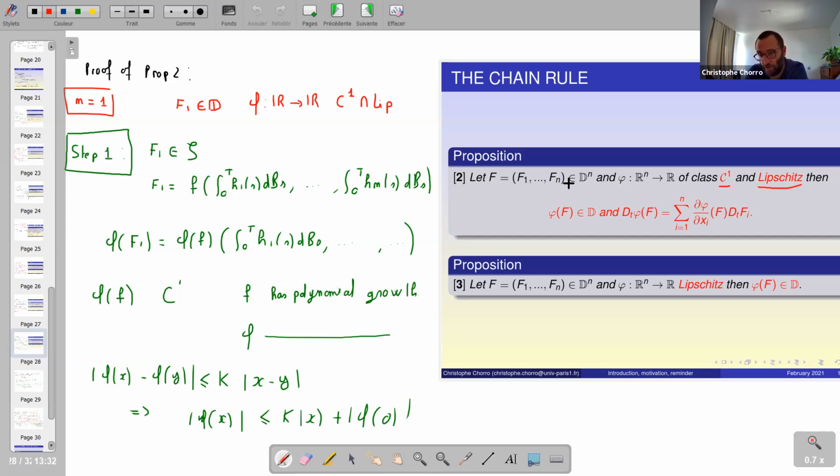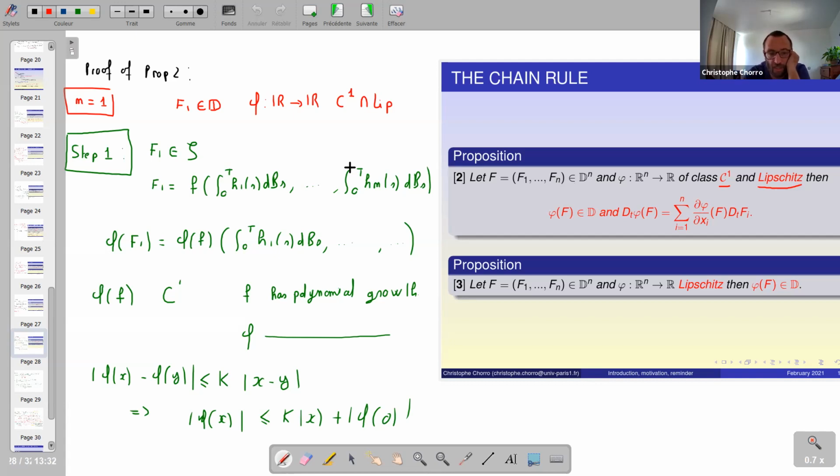So proposition 3, a consequence of the fact that the domain equipped with the norm is complete and so closed, is fundamental for the application in mathematical finance. In the domain, I have enough random variables. The domain of the derivative is not the whole L2 of omega, but I have sufficiently many random variables inside to be applied to the mathematical finance framework.